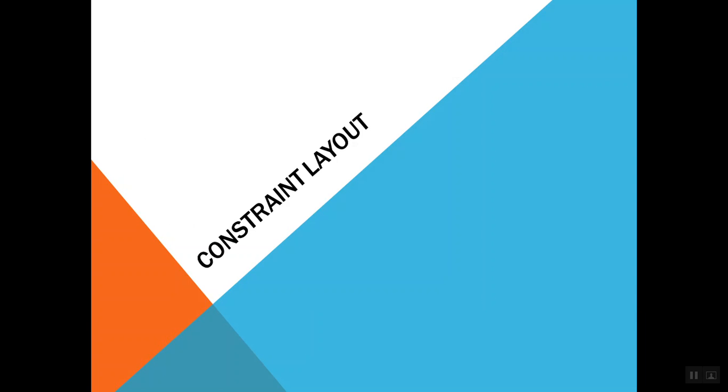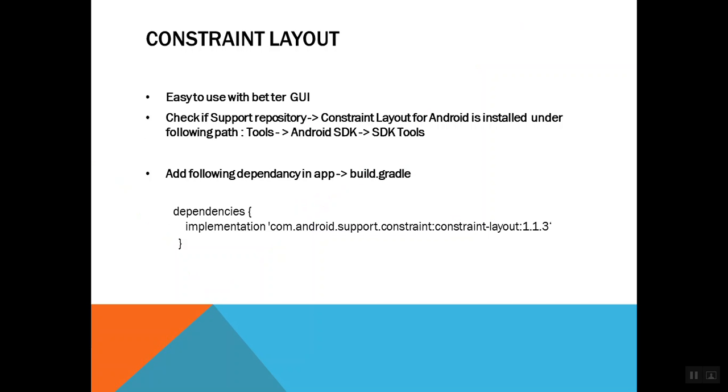Constraint layout. I think today we are going to cover the constraint layout topic. Basically, it is a layout provided by the Android support repository. It is very flexible and easy to use. It provides a very good graphical user interface to us, so we can basically drag and drop the views on the screen, and we can provide the constraints.